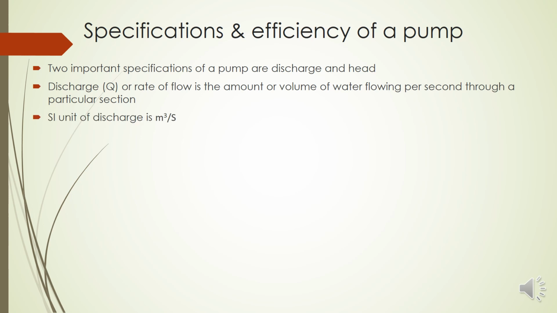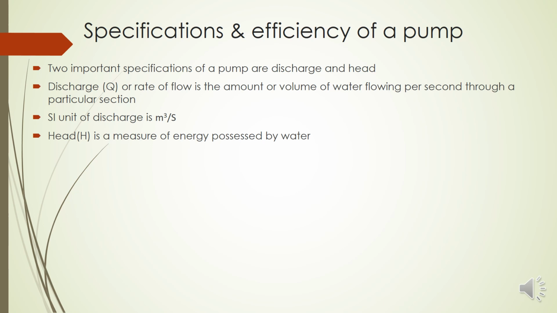The SI unit of discharge is meter cube per second. So if you have it in centimeter cube or liter per second, you have to convert that into meter cube per second. Now what is head? Head is a measure of energy possessed by the water. So head means the total energy.